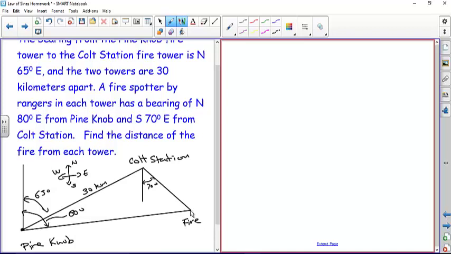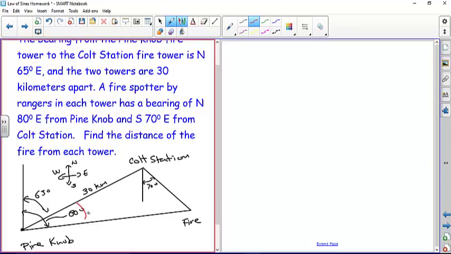So what we can do is, you can see that this angle here is 80 minus 65, so it's 15 degrees. So that's the internal angle. Okay, now the question is, if this angle is 70, is there any way that I can tell what's going on? I think what you have to do is you have to extend this down to here.